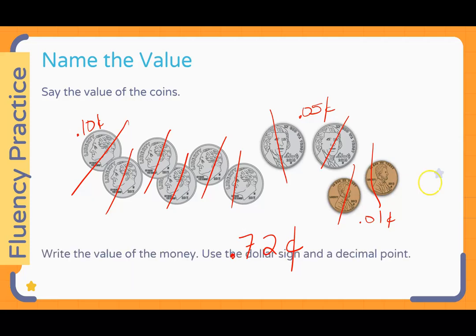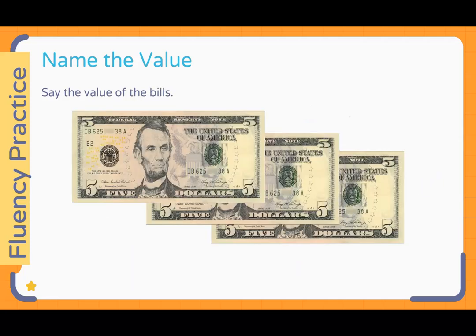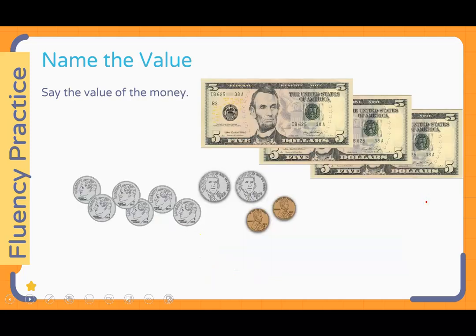Okay. Dollar bills, they're 5, so count by 5. 5, 10, 15. Now all together, count all the money together without writing anything down. 10, 20, 30, 40, 50, 60, 65, 70, 71, 72.